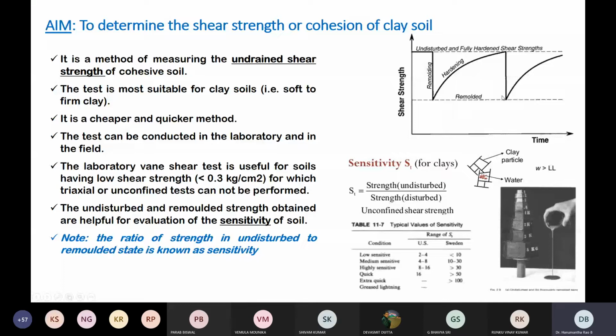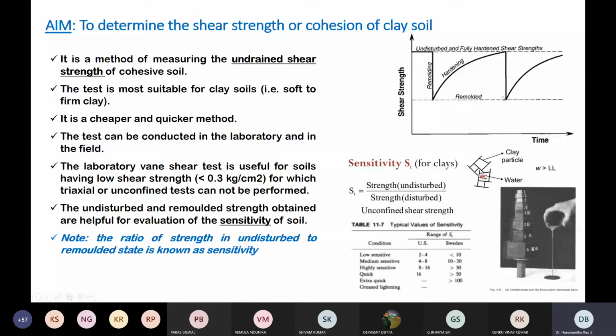After insertion of the Vane, you have to ensure at least a gap of 10 millimeter from the top of the Vane blade to the top of the soil sample. That is the minimum requirement. If you keep more, that is acceptable, but the minimum requirement is a gap of 10 millimeter between the top of the soil and the top of the blade.